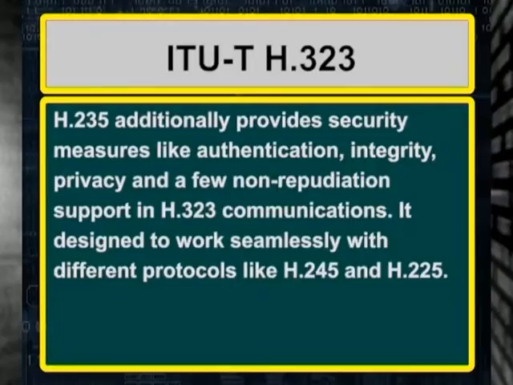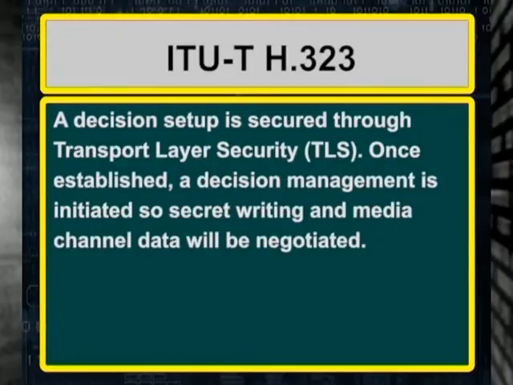H.235 additionally provides security measures like authentication, integrity, privacy and some non-repudiation support in H.323 communications. It is designed to work seamlessly with other protocols like H.245 and H.225. A call setup is secured through Transport Layer Security (TLS).